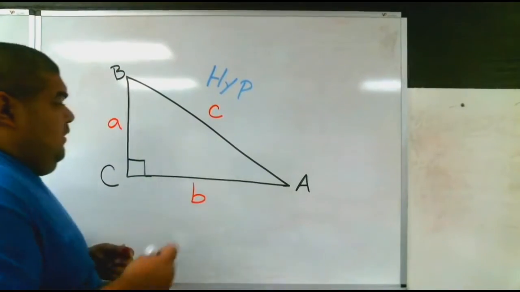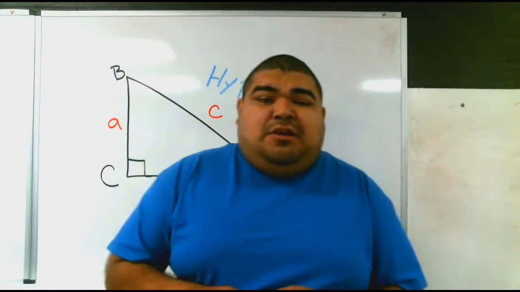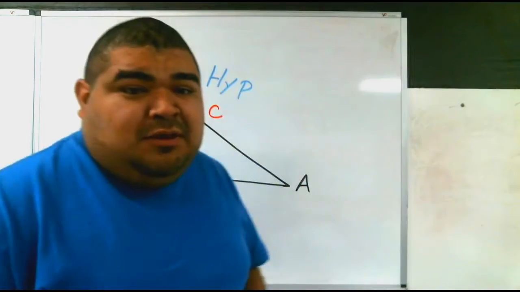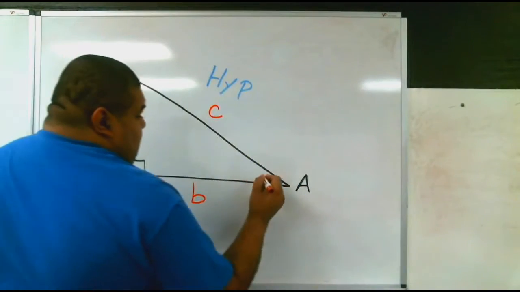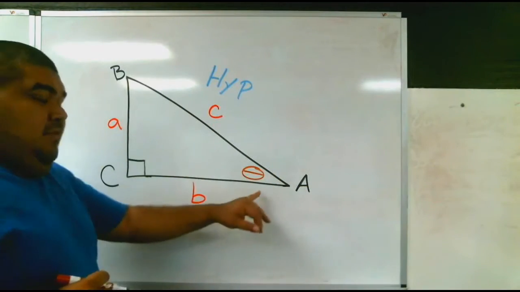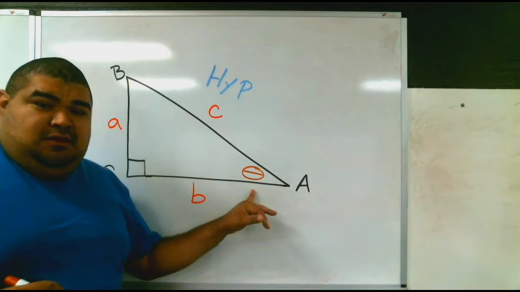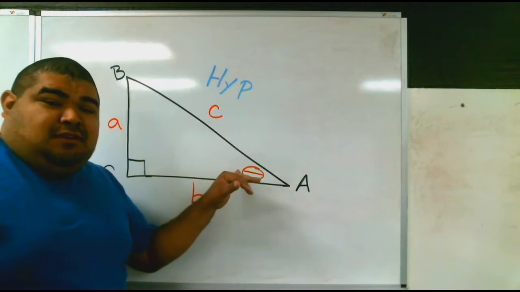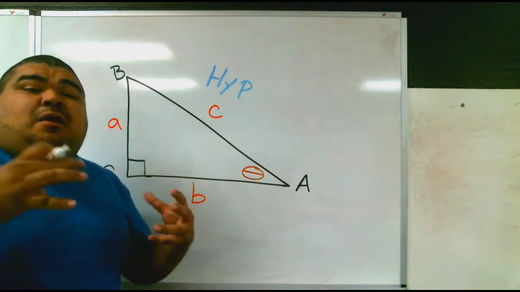Now, we're going to introduce something you probably haven't seen before. It's known as theta. If theta is on this angle here, we usually label it as across from theta is always known as your opposite side.